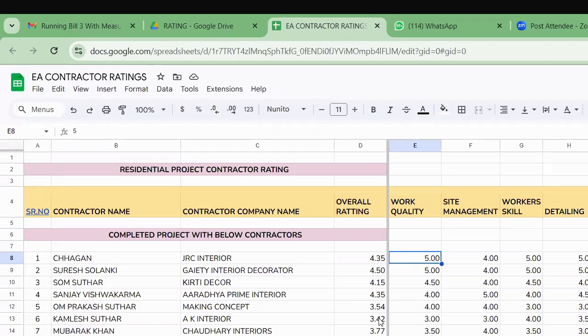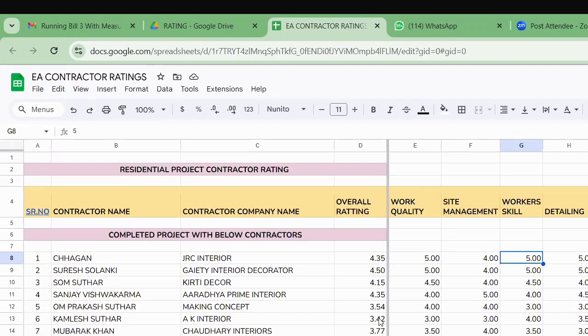Before hiring any contractor, we do check-ins with other designers with whom they have previously worked. We go on site and check everything: the quality, the management they have done, and we also take reviews from previous designers. Then site management: how do they manage the site?